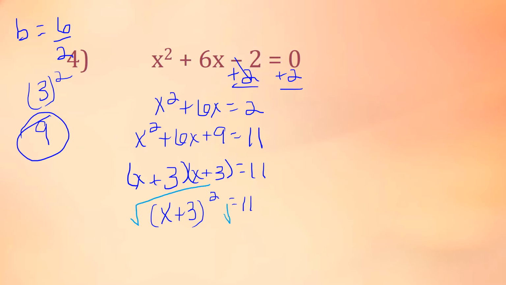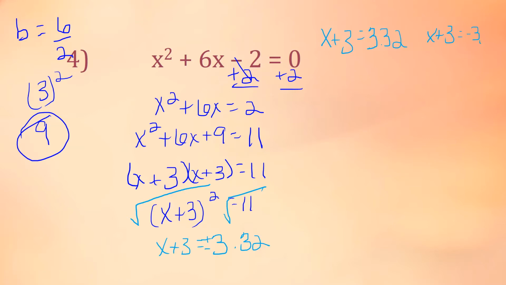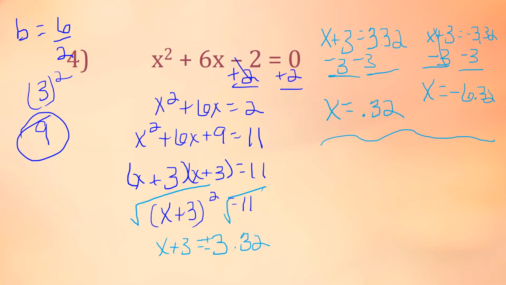Take the square root of both sides. X plus 3 equals, and the square root of 11 is 3.32 plus or minus. And those are our roots.